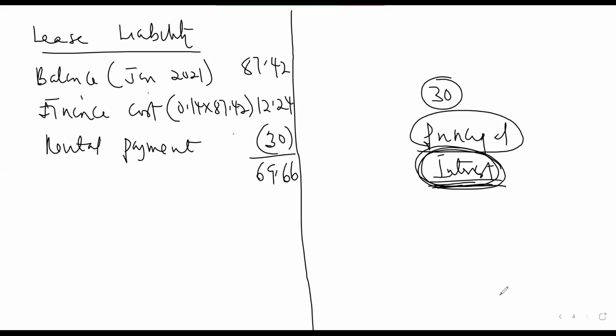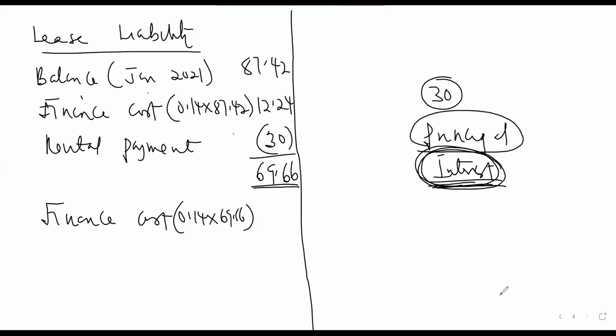So what you do is that this is the opening balance for next year. What would have been the finance cost? You have to calculate the finance cost on the opening balance for the year. That would be 0.14 multiplied by 69.66.